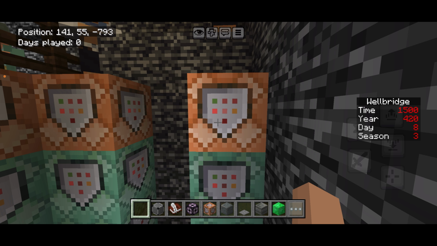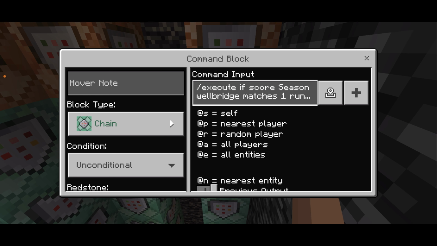Let's go with season one. So all of the first command blocks of the pairs are going to start with chain, unconditional, and always active, and no delay.